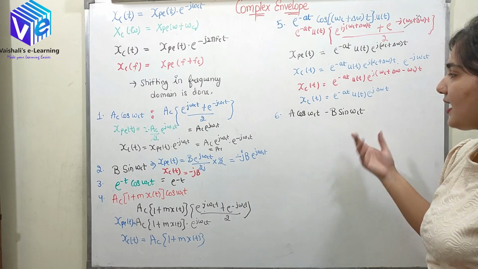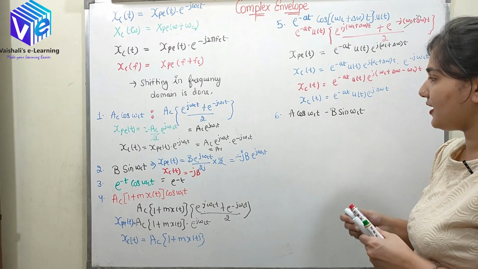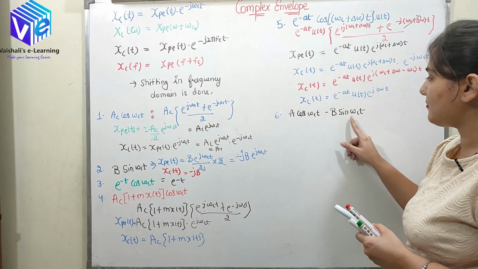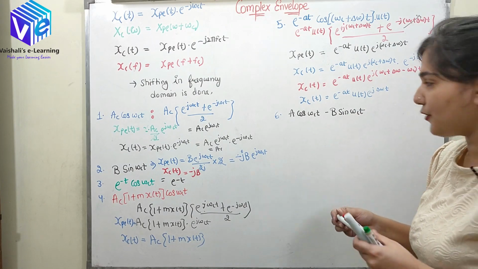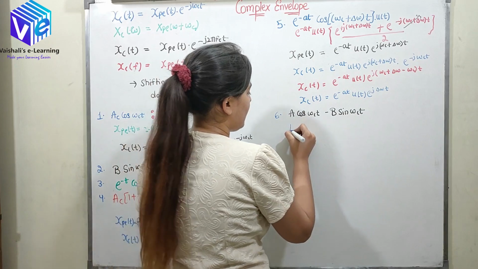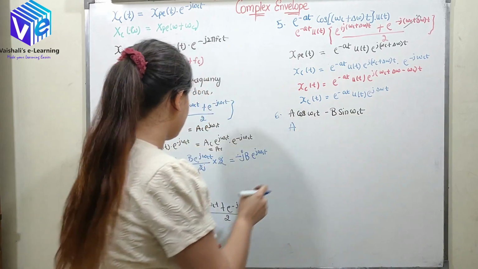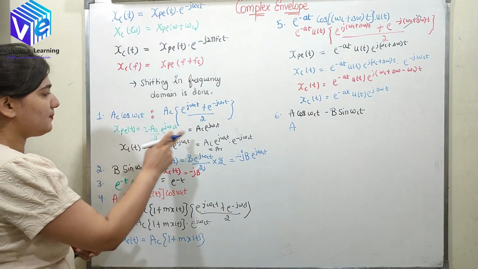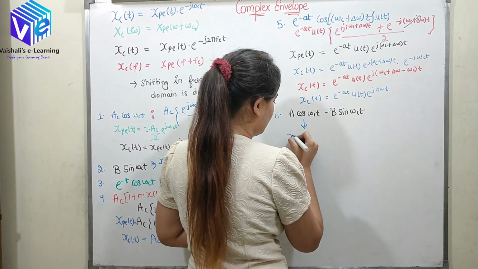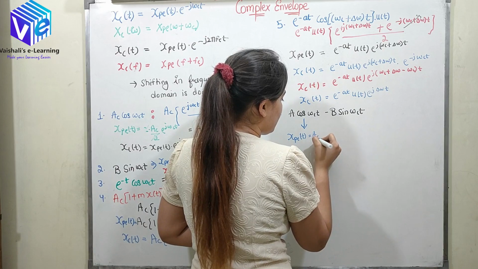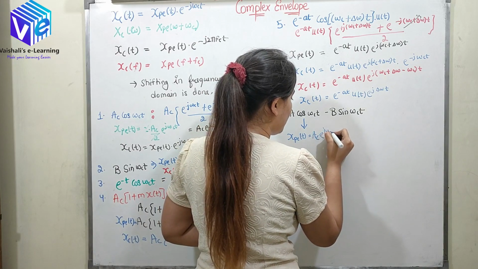Now coming to the last question for the day. So here we have a cos ω_c t minus b sin ω_c t. So now if I need to find its pre-envelope, the pre-envelope for a cos ω_c t I have found out. So it would be A_c e^{jω_c t}.